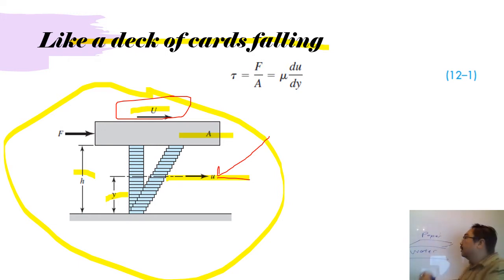The distance between the bottom of your container and the piece of paper is H. At any point between the bottom of the container and the piece of paper is Y.